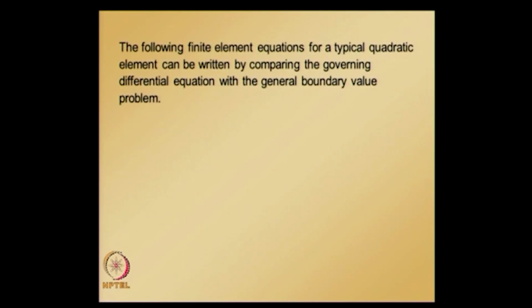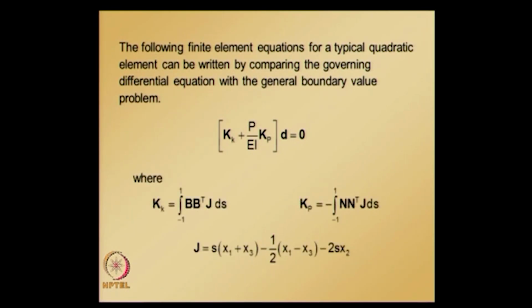The following finite element equations for a typical quadratic element can be written by comparing the governing differential equation with the general boundary value problem. That is what we did, and these are going to be the element equations, where kk, kp and j are defined. So these are the element equations.